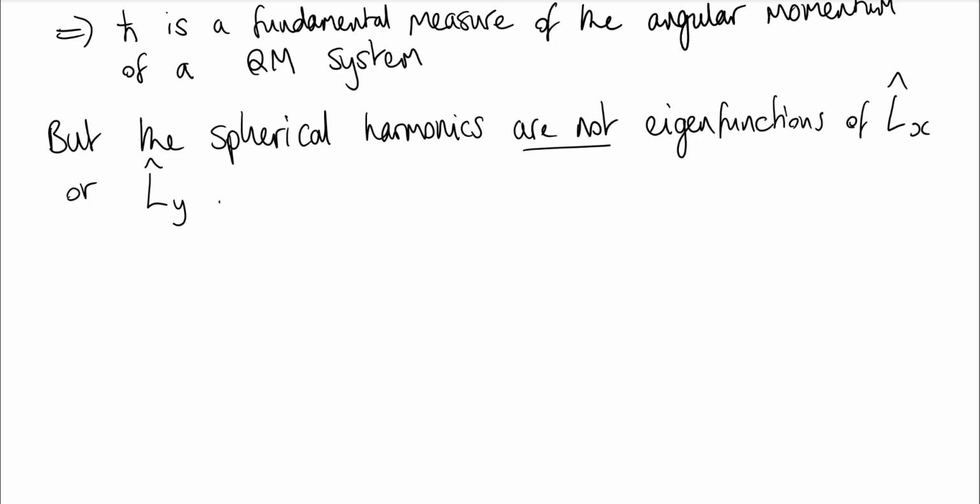And we can come back to that, and exercise or example 6.10 in the textbook is a good example of this, and it demonstrates that there is no eigenvalue that can come out when we apply operators L sub x and L sub y to the spherical harmonics. So I'll leave you to go and look at that.